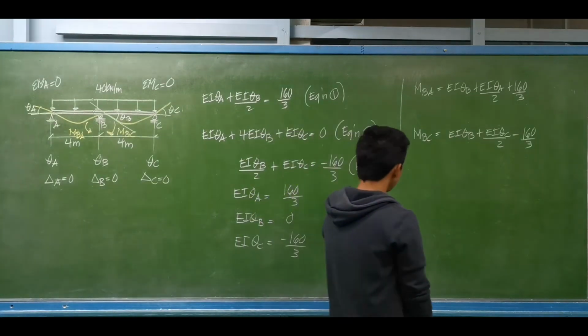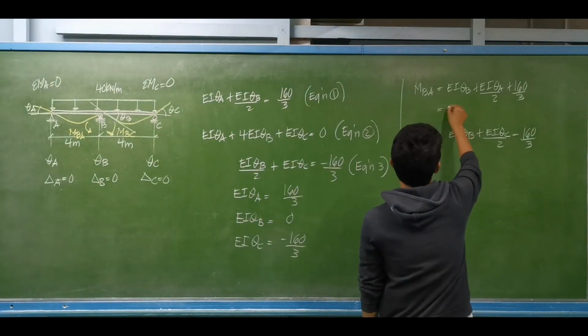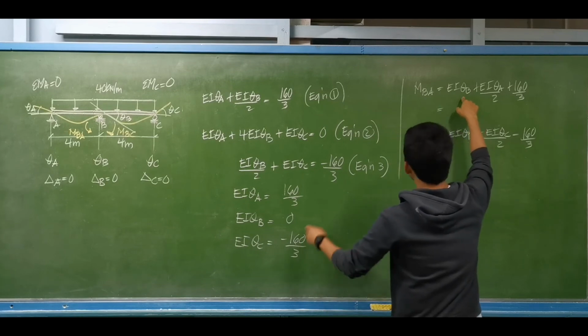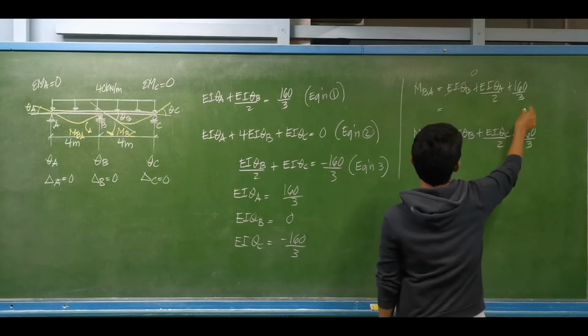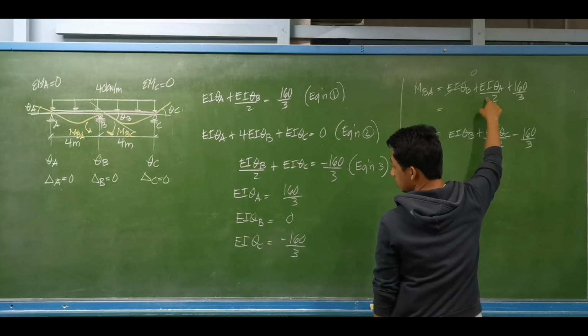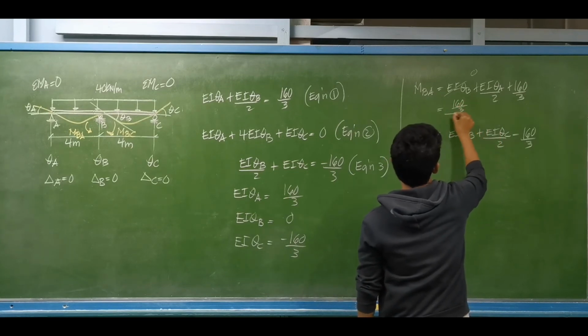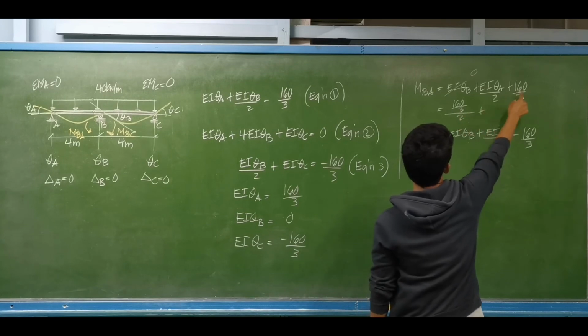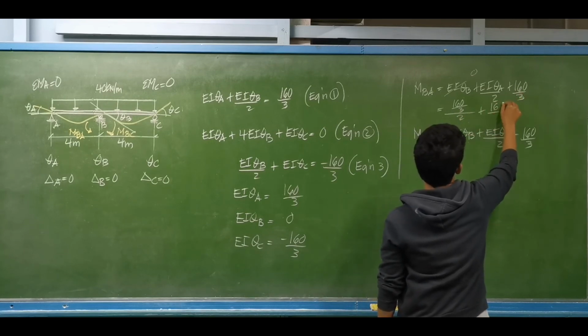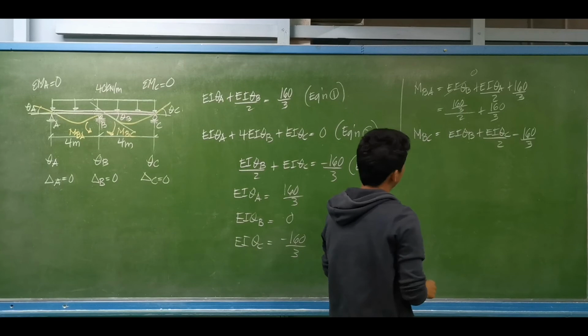By substitution, EI theta sub B is 0, EI theta A is 160 over 3, divided by 2 plus 160 over 3.